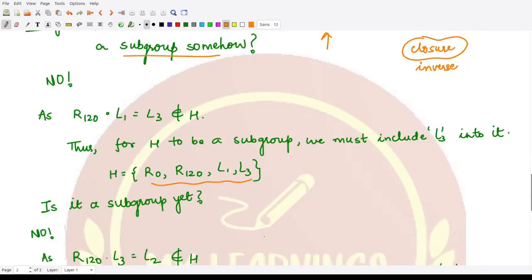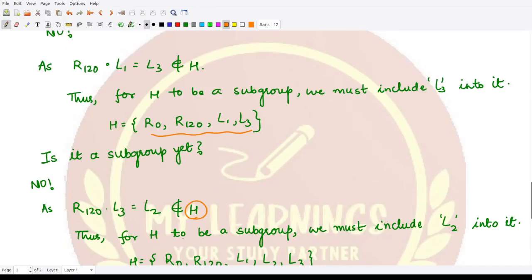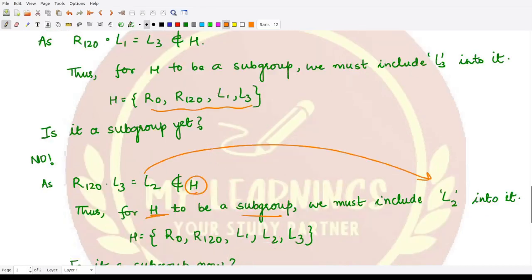Because when you compose R120 with L3, you get L2, and L2 is not present in H. However, it should be present for it to be a subgroup. Hence we have to add L2 also within H.